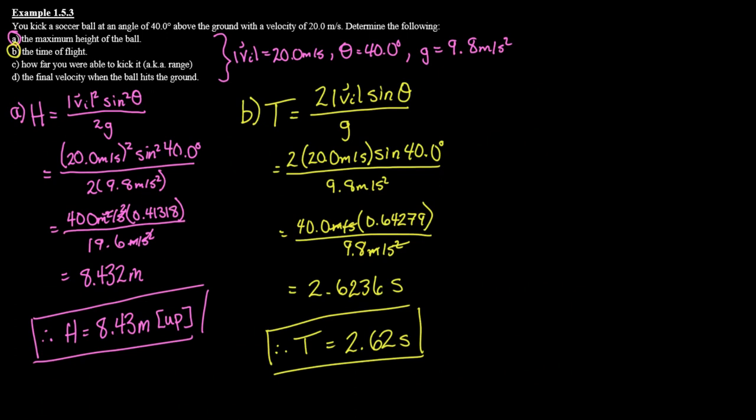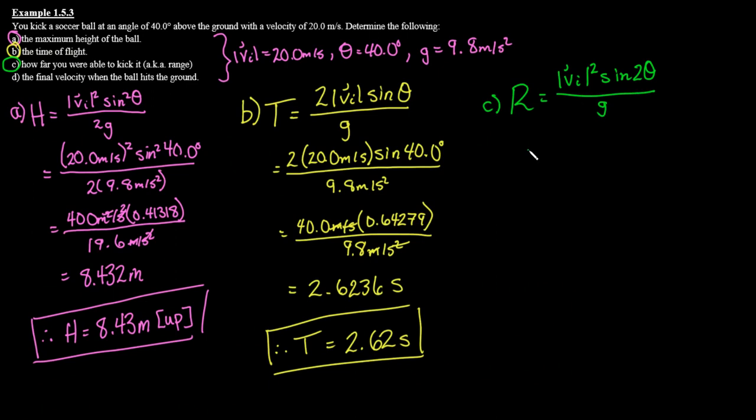And then last but not least, we're going to do how far were you able to kick it, or the range. And our range equation that we just derived is equal to that initial velocity squared times sine 2 theta all over g.